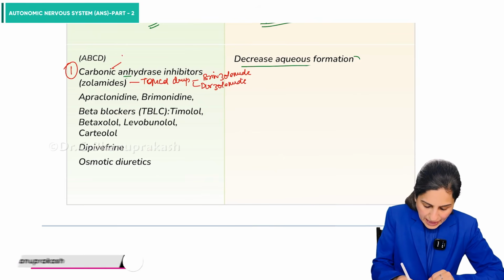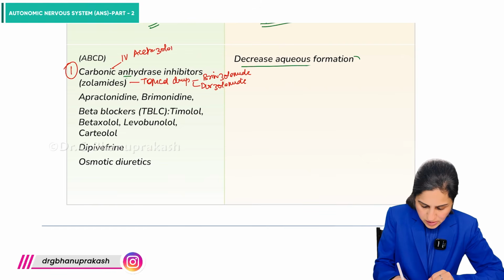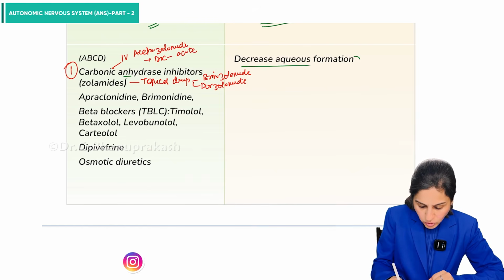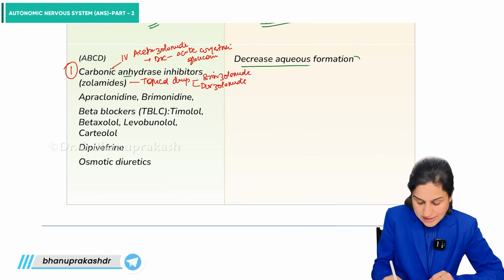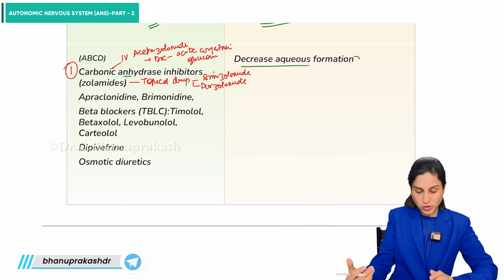Okay, then IV acetazolamide. This is the drug of choice for acute congestive glaucoma. Now this is given along with mannitol.